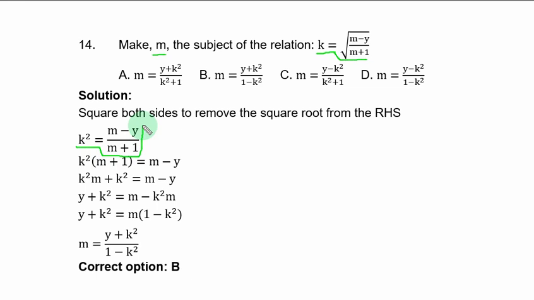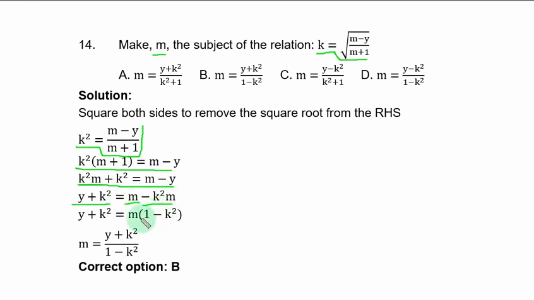To clear the fraction, multiply through by m plus 1, and you have this result. Open the bracket, you have k squared m plus k squared equal to m minus y. So let's collect like terms. You transfer minus y to the other side, it becomes y plus k squared. Already m is here. You transfer this term that contains m, you have minus k squared m.